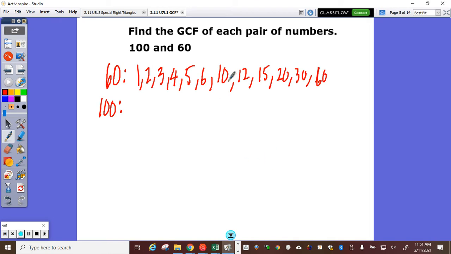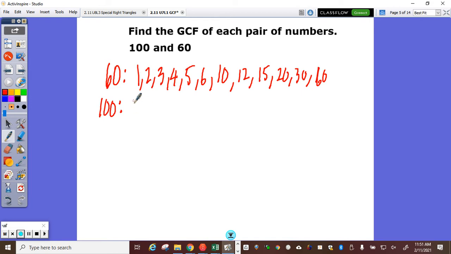Most of the time, once you capture the ones here, then you can start plugging in and see what they multiply to. Every number that's a factor. You see, we didn't put a 7 in here. 7 is not a factor of 60.